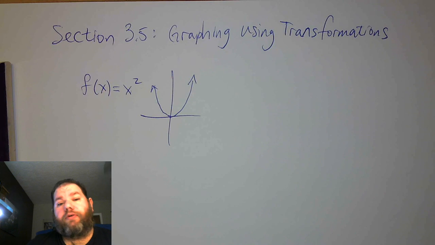Probably we'll just look at vertical reflection today, and we'll come back and get horizontal reflection in chapter 5. Anyway, this is something that we'll continue to use at various points in the remainder of the course. Anytime we get to graphing, this is one of the main techniques that we like to use.